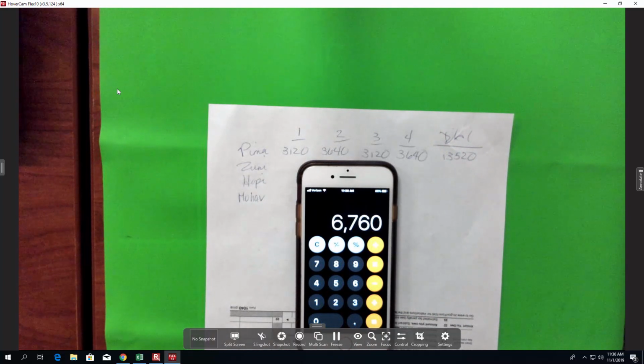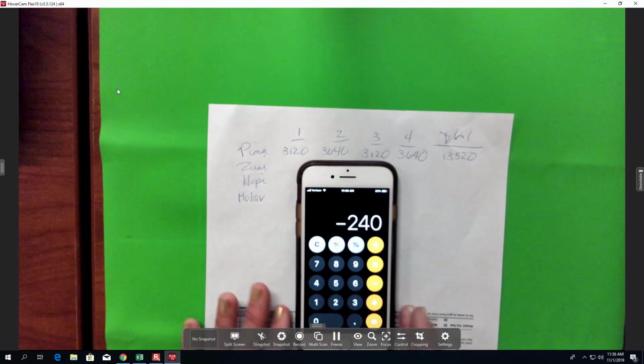She had gotten to $6,760. So in the third quarter, how much of her 3,120 gets counted towards FUTA wages? 240, the difference between what she'd made before and the $7,000 cap.